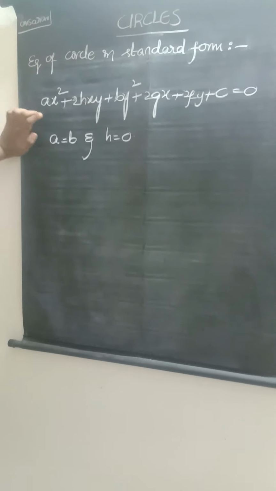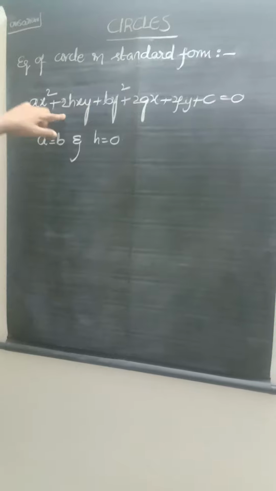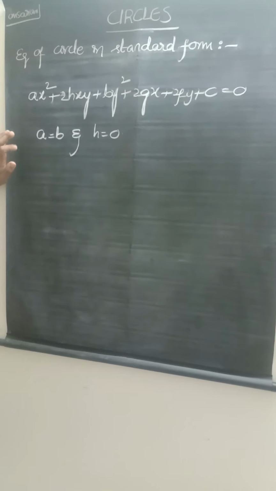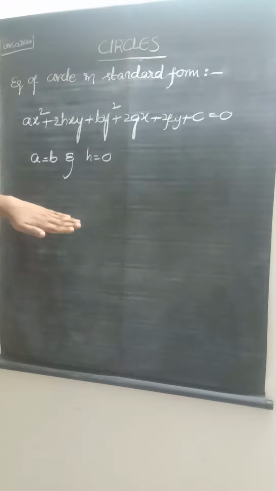That is, if in the pair of straight lines the x square coefficient is equal to the y square coefficient and there is no xy term, then that equation becomes the equation of the circle. So we take a equal to b and h equal to 0 in the above equation to get the equation of the circle.